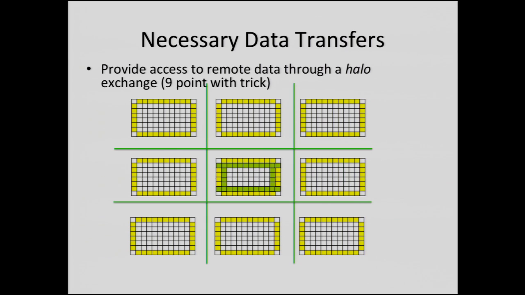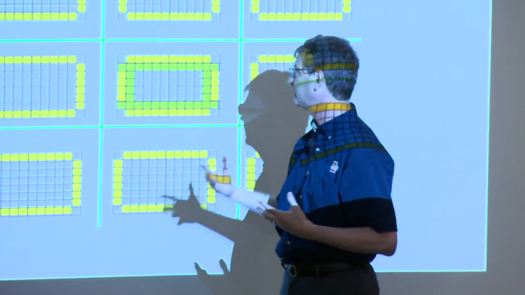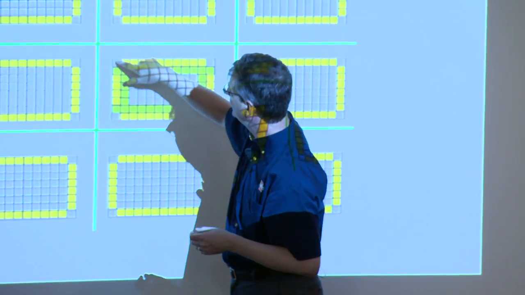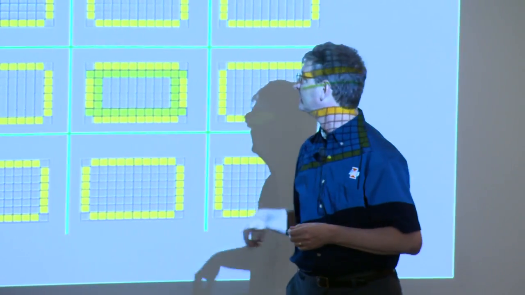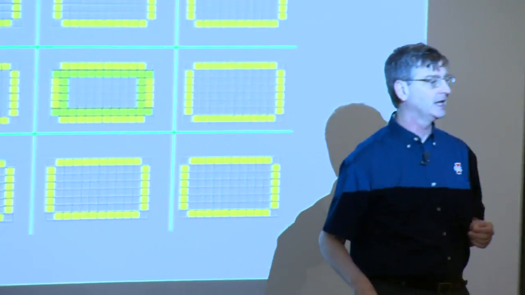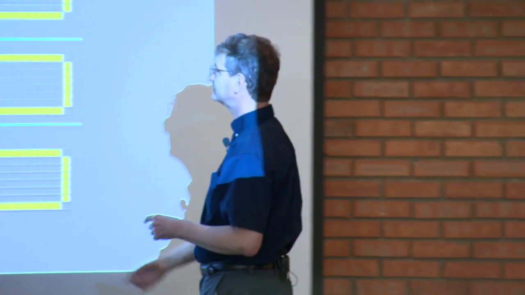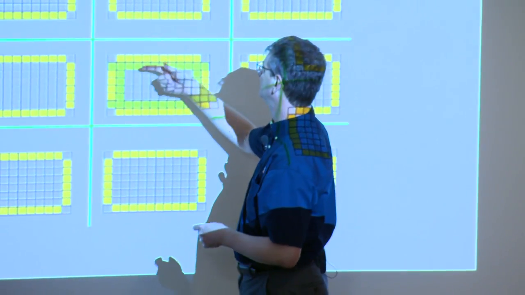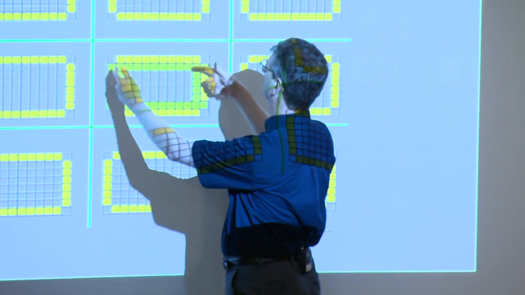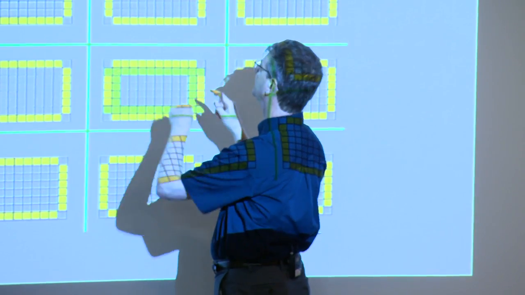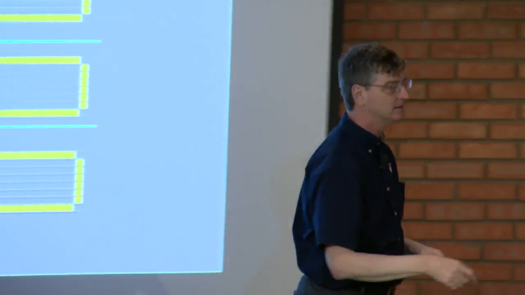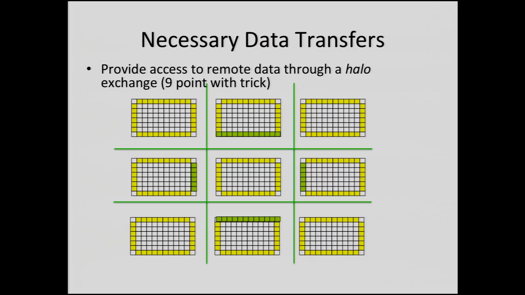Now I'm going to address the diagonal one. So say in this case I've got a star stencil instead of just the 5-point stencil. So I'm going to need this data here. Well, what I'm going to do now is instead of sending just the points that I owned here, I'm going to send data that I got from my neighbors.